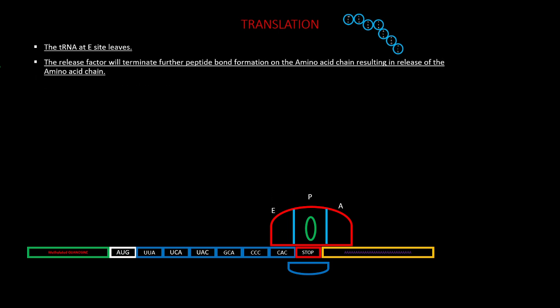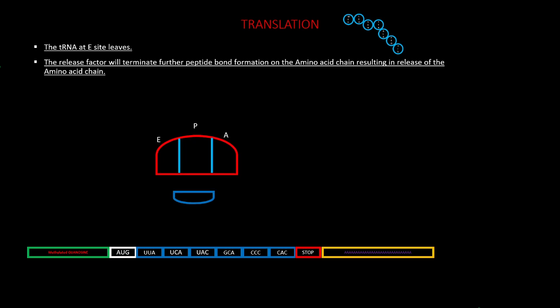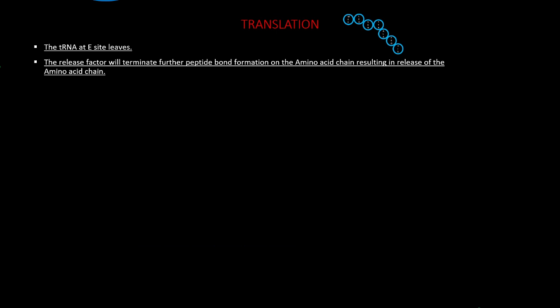Now the release factor has no other work other than to leave the P site, and the ribosomal units also disassemble from the mRNA. The mRNA eventually disintegrates, so we are left with the polypeptide chain here.